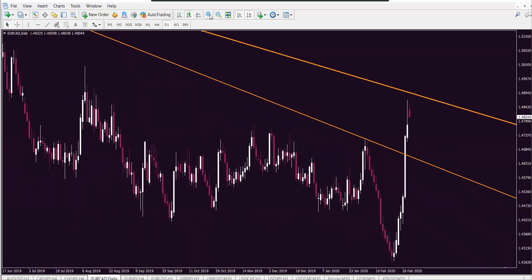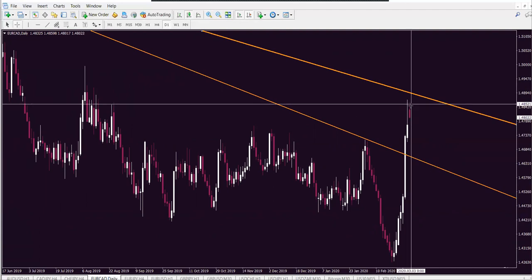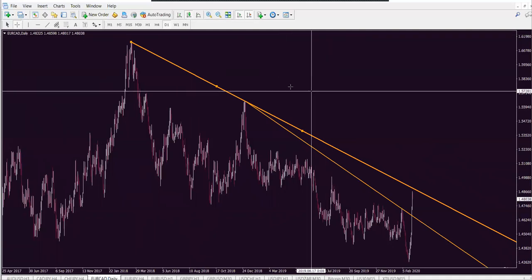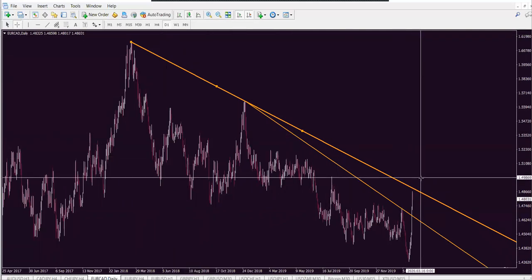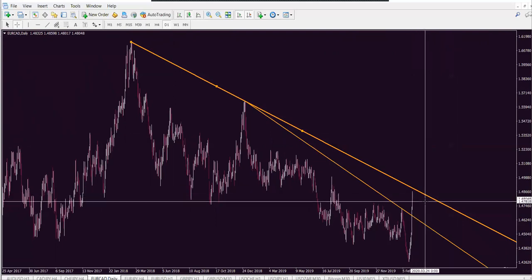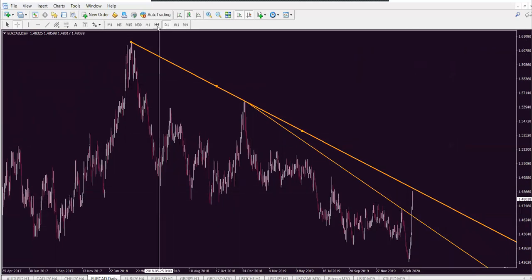At this point, I would be interested in getting a sell, because I'm bearish as long as price remains under this bearish trend line. As long as price remains underneath this trend line, I'm bearish.